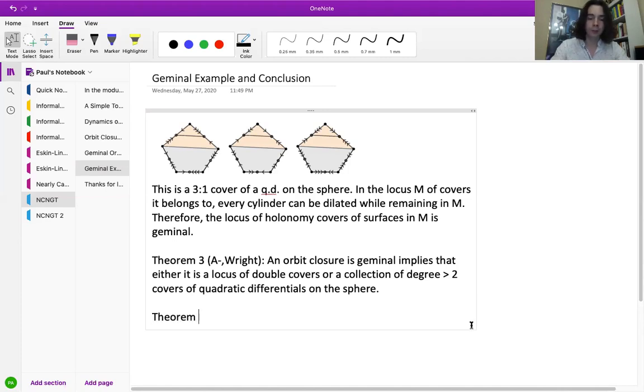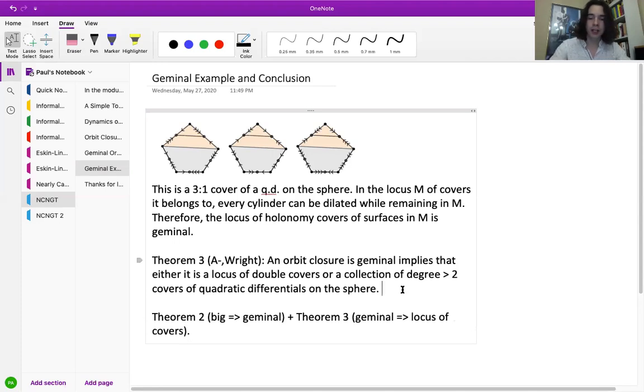Theorem 2 says that being big implies that you're geminal, and theorem 3 says that being geminal implies that you are a locus of covers.